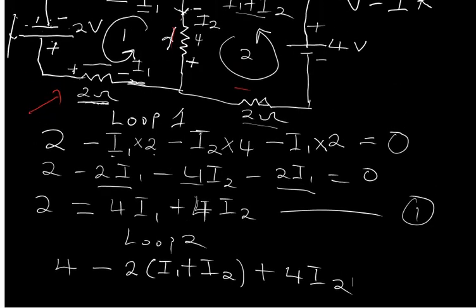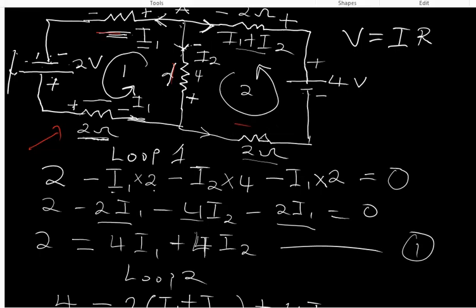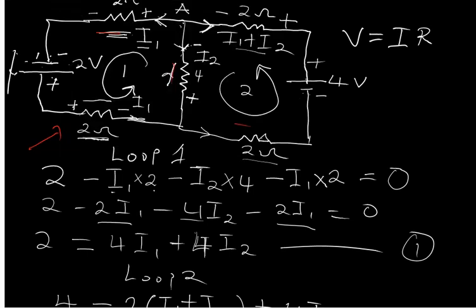Okay. So here I go. Across this branch, this is negative and this is positive.